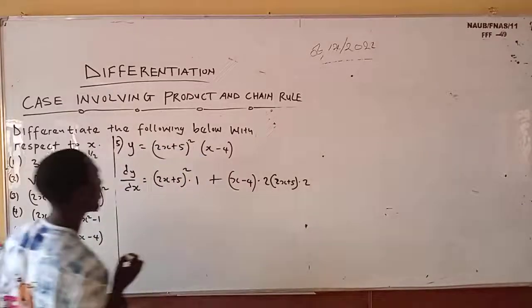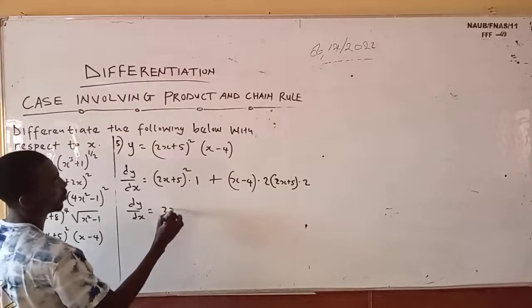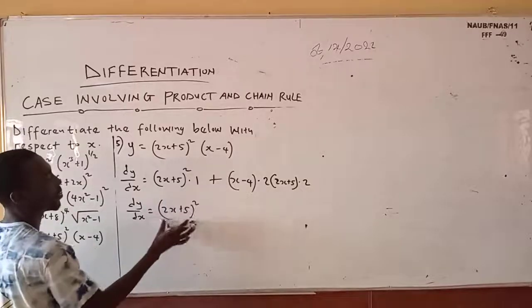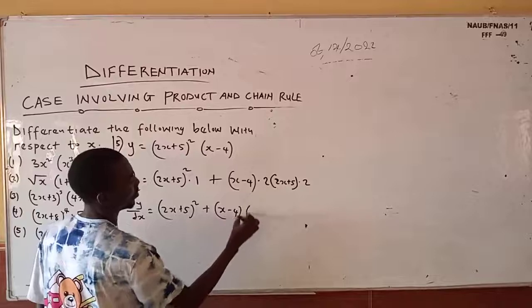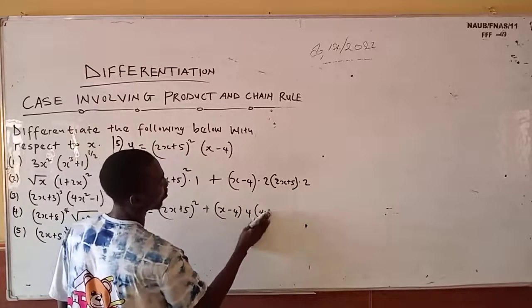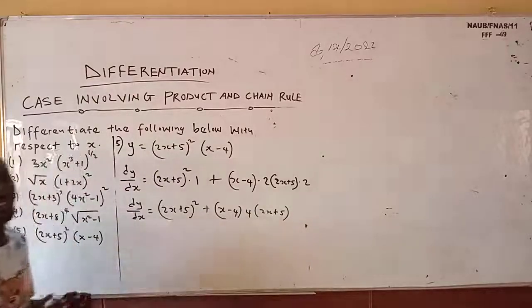2. Do you understand? So dy over ds will be equals to 2s plus 5 all squared, because this times 1 will give us this, plus s minus 4 into 2 times 2, which is 4, into 2s plus 5. I hope you understand this trick.